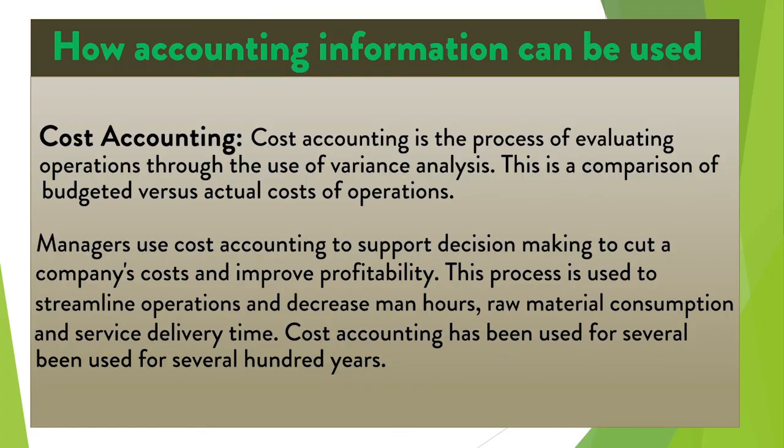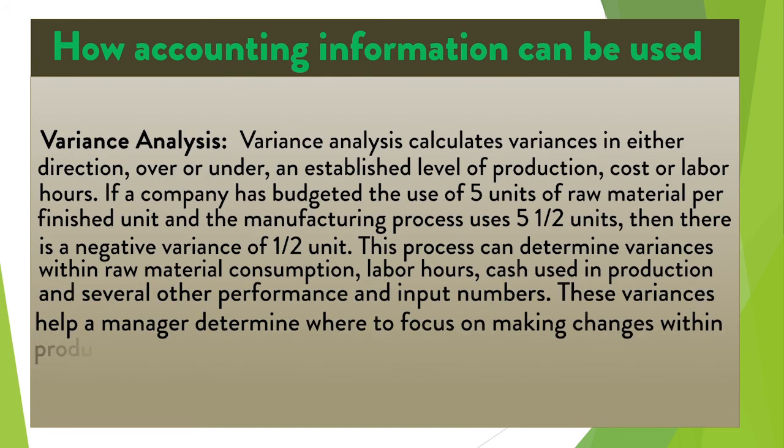This process is also used to streamline operations and decrease man hours, raw materials consumption, and service delivery time. Cost accounting has been used for several hundred years. This is actually used almost on a day-to-day basis. Variance analysis, like I earlier talked about, calculates variances in either direction, over or under, an established level of production, cost or labor hours.